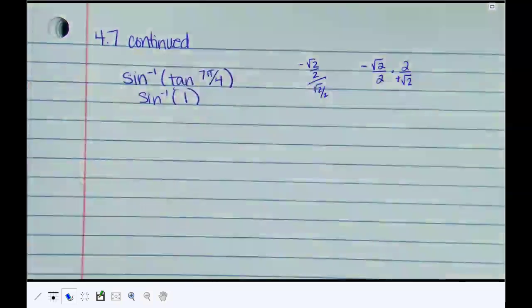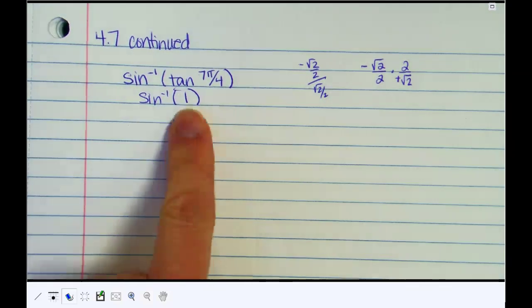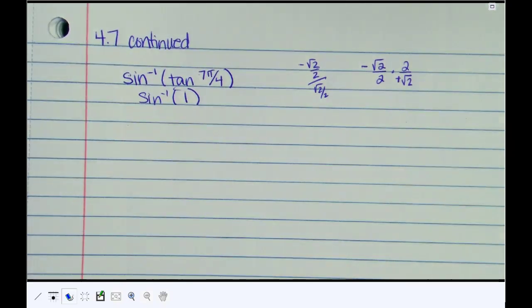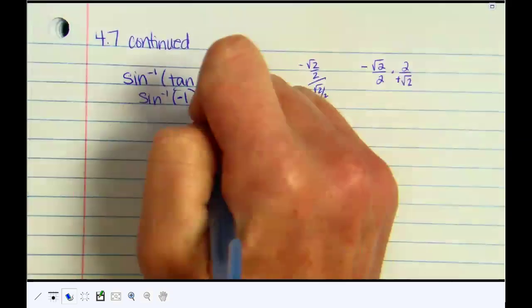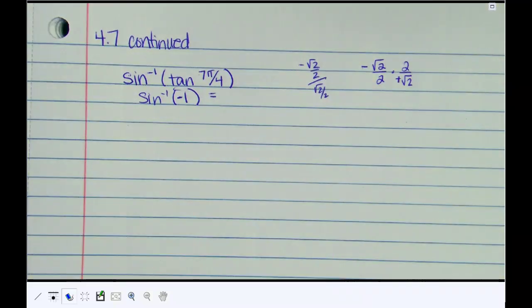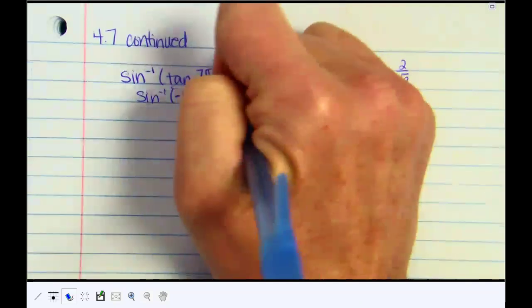Once you know that's -1, then you do the outside. Now you're doing sine inverse and you're going backwards. You know the sine, you're looking for the angle. So what is this? Negative pi over 2.